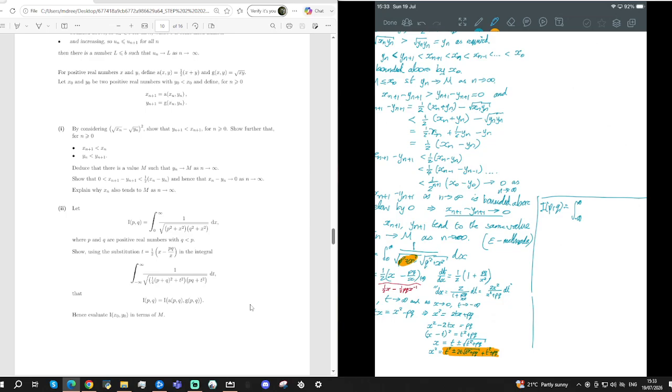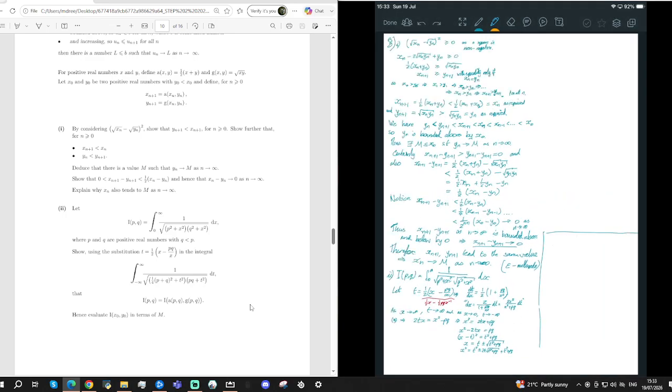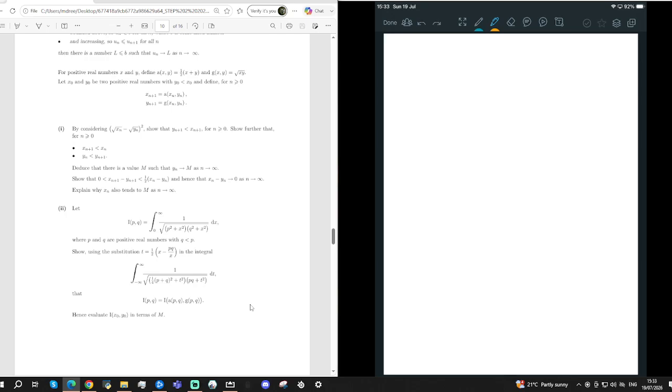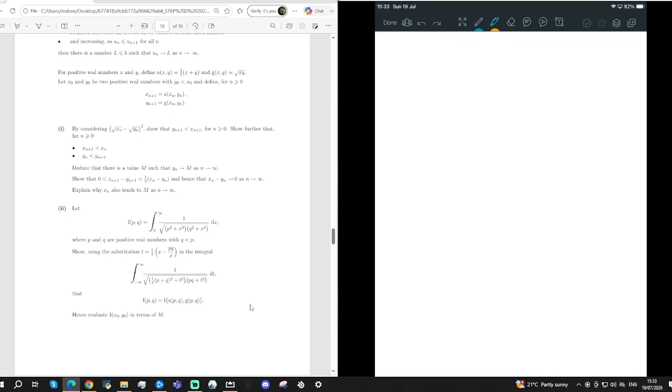Instead of going from the dx integral into the dt integral, let's go from the dt integral back to the dx integral. Because then things are going to be more so the right way round. So I'm actually going to try that, and I'm going to do that in a bit of a fresh space.